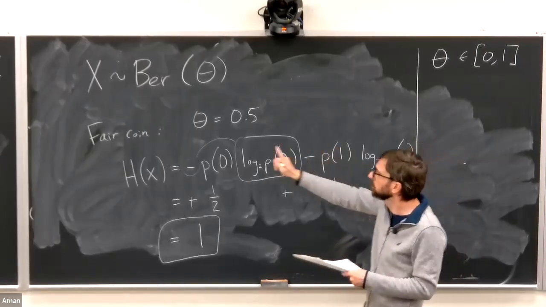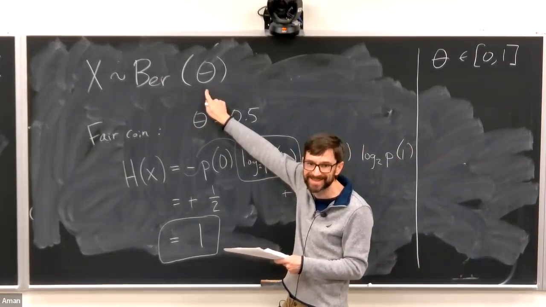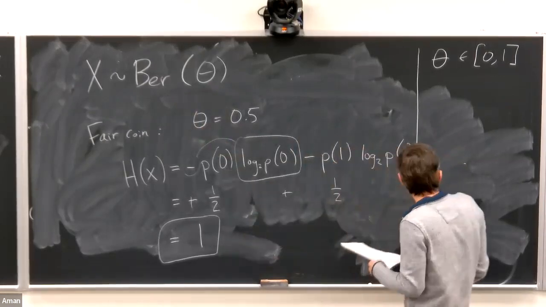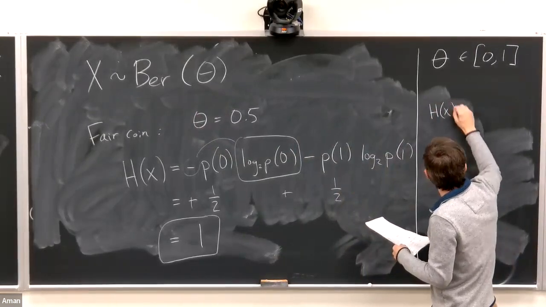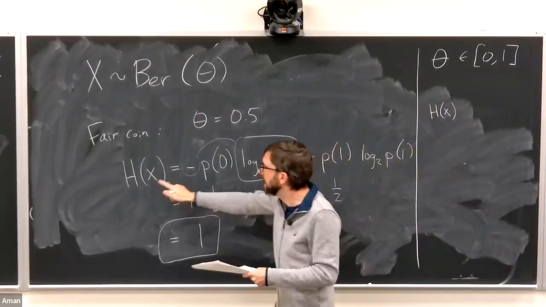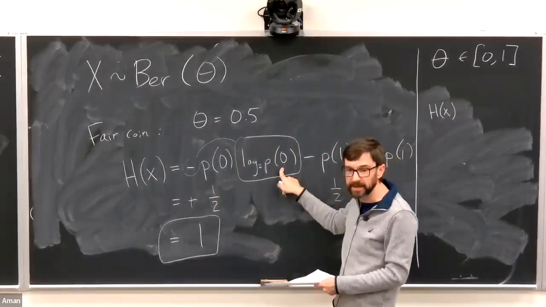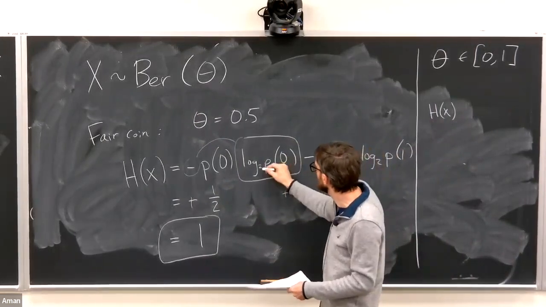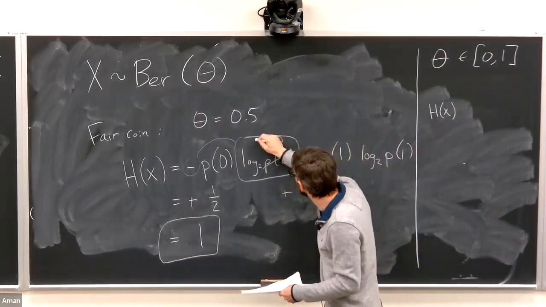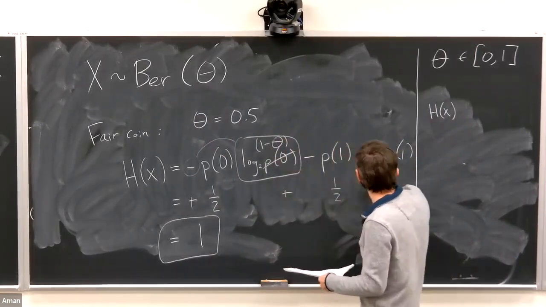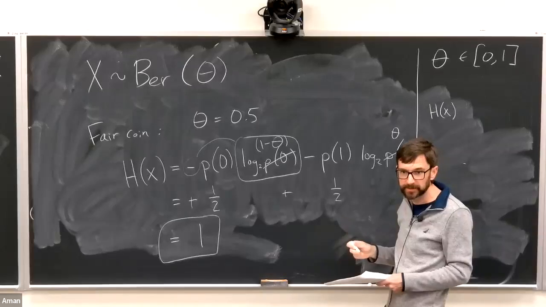This is now again just a single Bernoulli random variable with probability theta of a 1. What you end up looking at if you plot this function h of x, where p of 0 is, sorry, that's 1 minus theta. Log 1 minus theta, and this is log theta, not just 1/2.